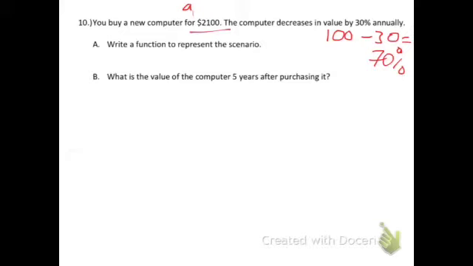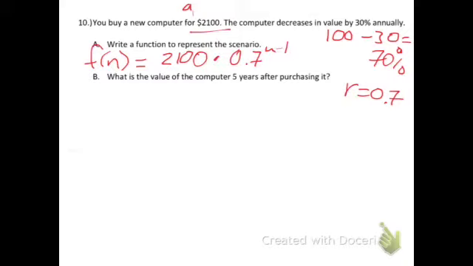So my common ratio is going to be 0.7. Alright, so I'm going to write my function f of n equals initial value 2100 times 0.7 to the n minus 1 power.